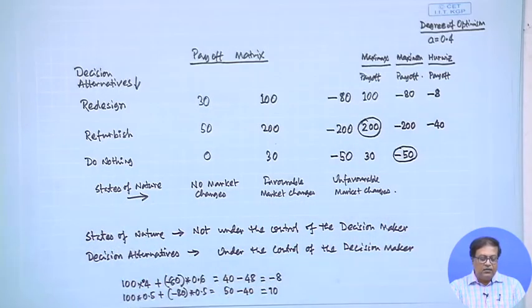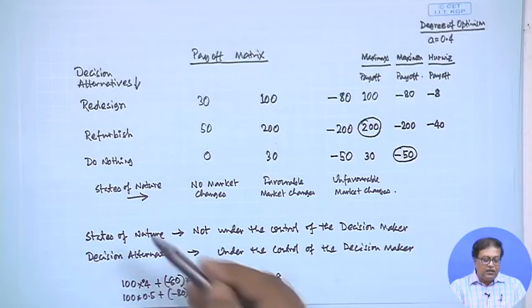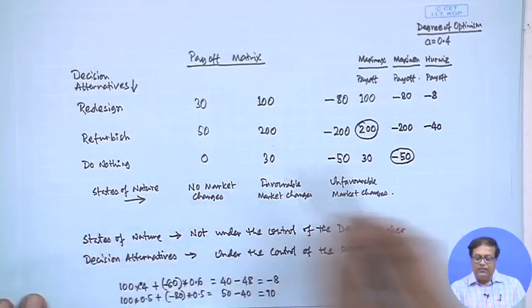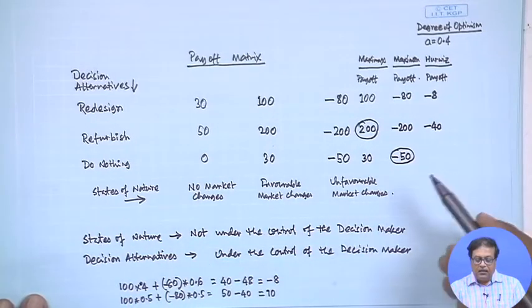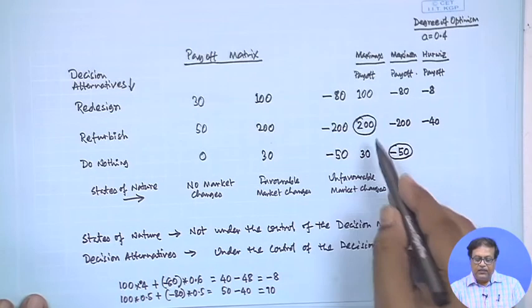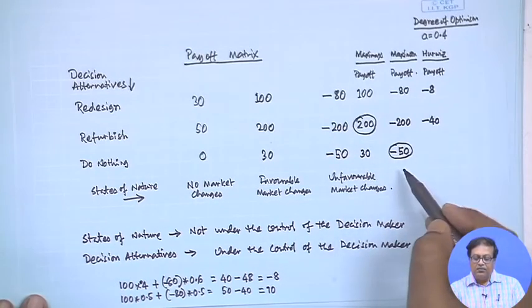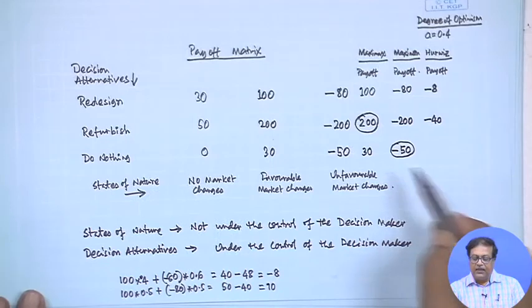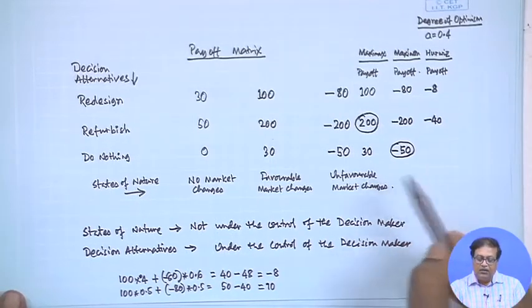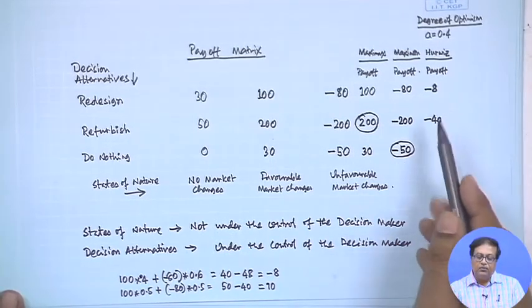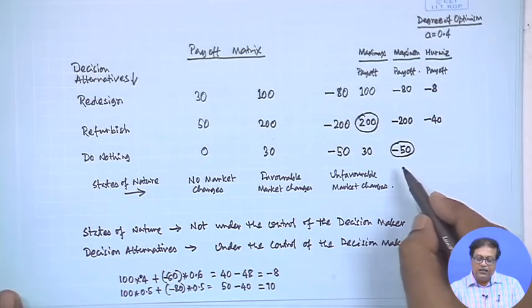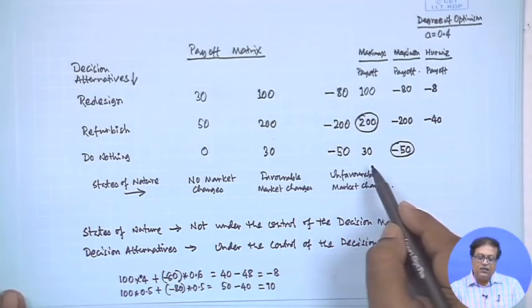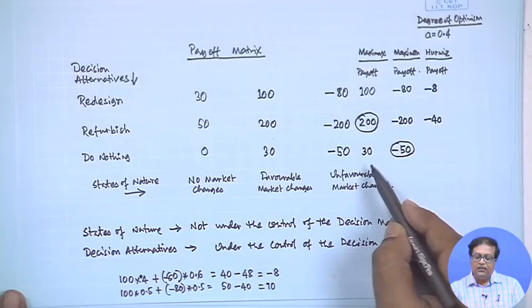The third decision alternative, do nothing: again we have seen the Maximax payoff is 30 and the Maximin payoff is minus 50. By the same logic, minus 50 into 60% is minus 30, and 30 into 0.4 is 12.